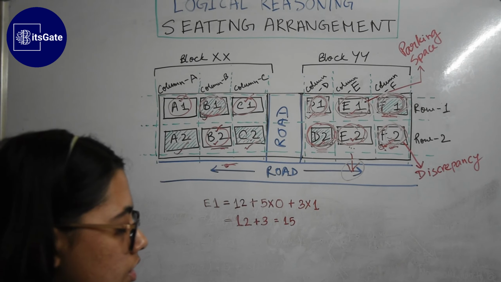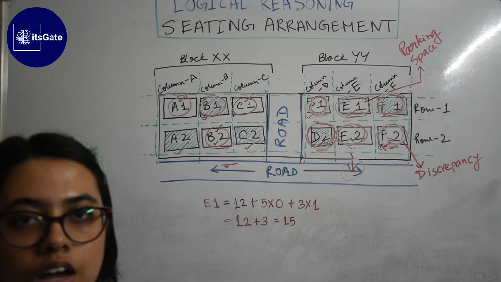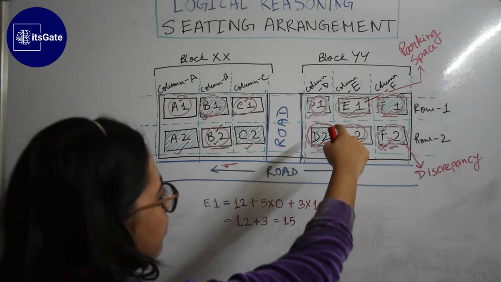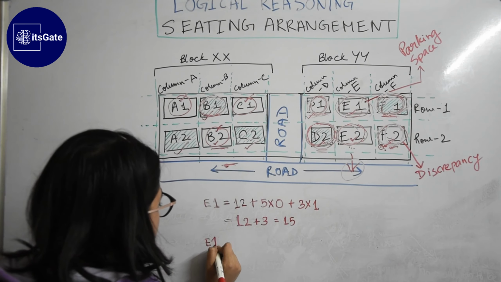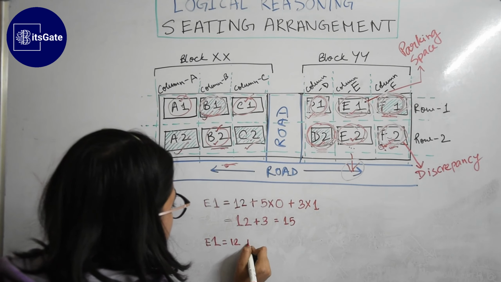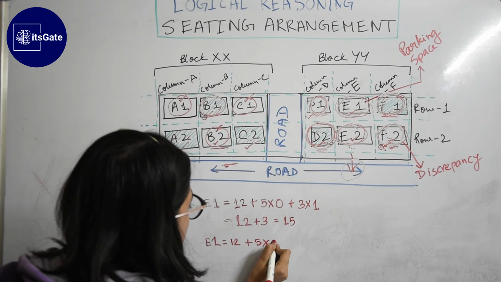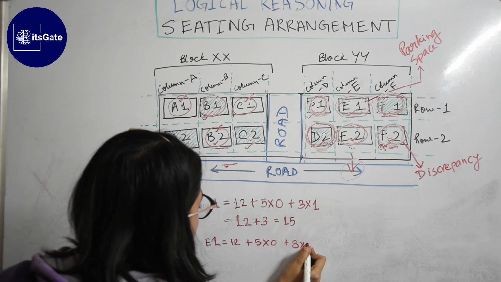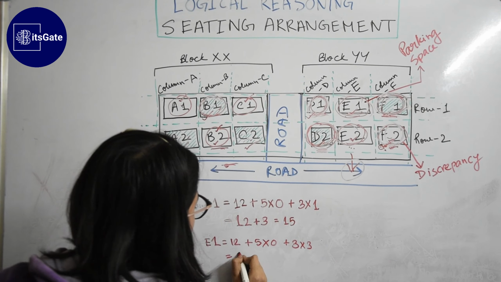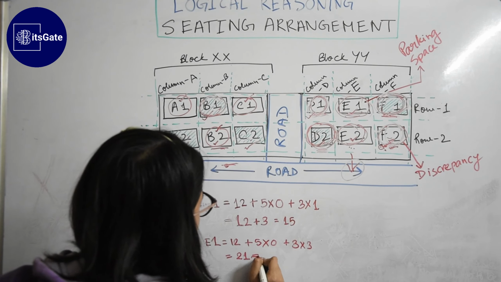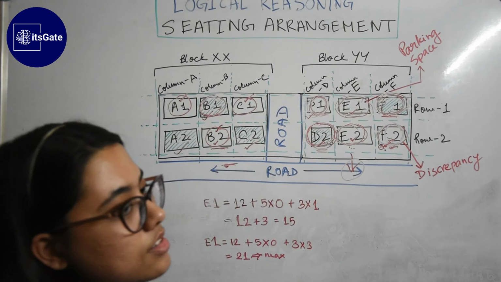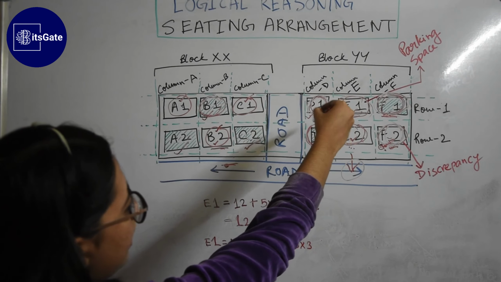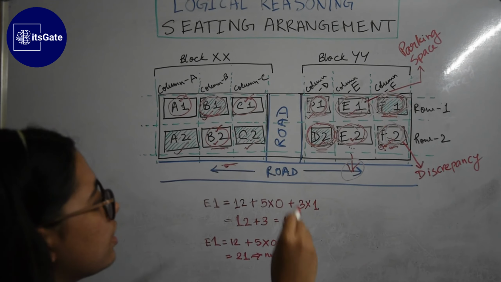It depends on what the question setters are considering. If these three are occupied, then the price of E1 will be 12 plus 5 into 0 plus 3 into 3, which is 21. This is the maximum possible price if they are not considering this diagram and considering all the houses as occupied houses other than E1.